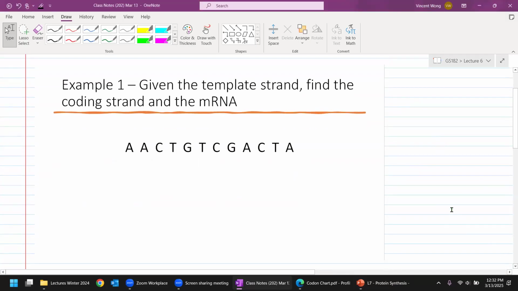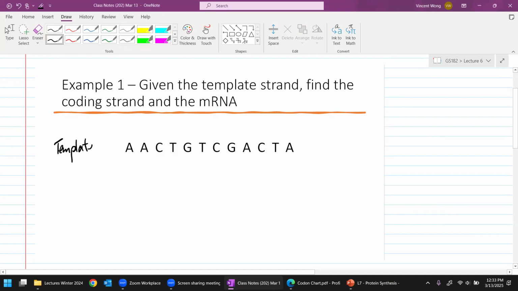Example 1. Given the template strand, find the coding strand and the mRNA. So if I just give you this strand and I don't say anything about it, you wouldn't know whether it's template or coding. But the question says it's template, right? So we're going to put template right here. And you are asked to find the coding strand.